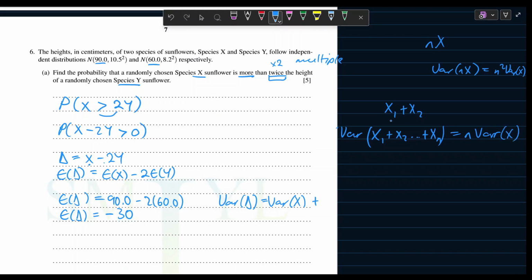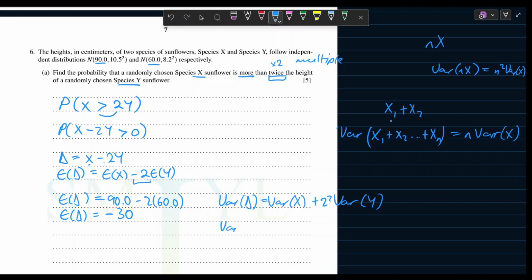If you can't differentiate between a multiple and a sum, then you're going to struggle with getting the correct variance. Once you know that it's a multiple, you know that your variance is going to be of the form n squared by x. So in our case, because we identified that it is a multiple, we're going to say plus negative 2 squared, or just 2 squared, times the variance of y.